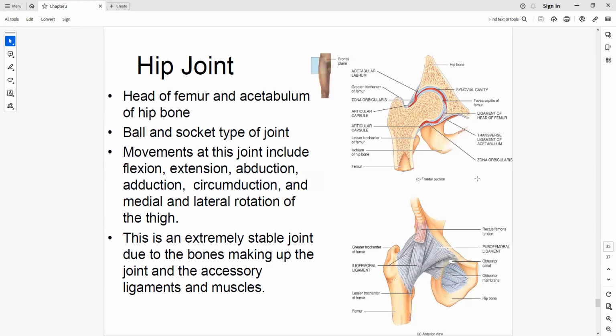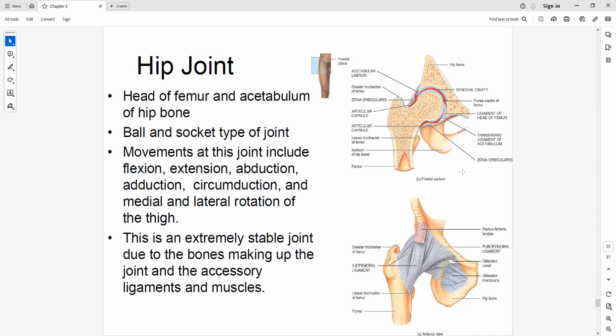Looking at a hip joint, it is interesting to see how many ligaments there are in addition to the joint capsule. This is also a good view of the obturator foramen here, showing you that it is covered by the obturator membrane. And when you look up here, this is the best way to see an intracapsular ligament.